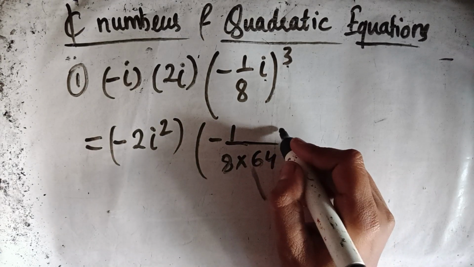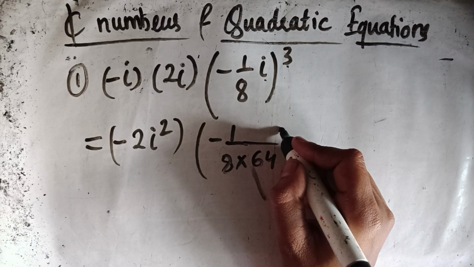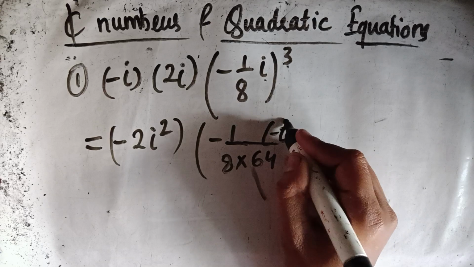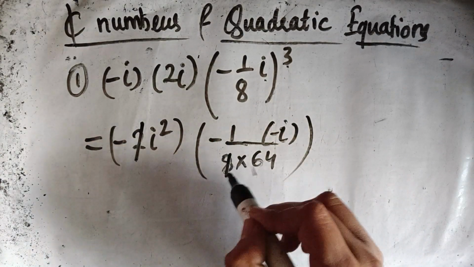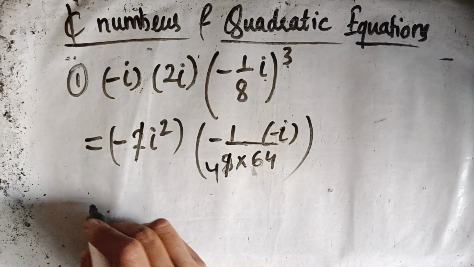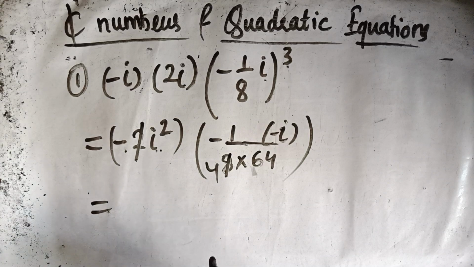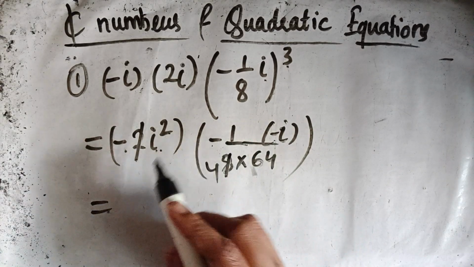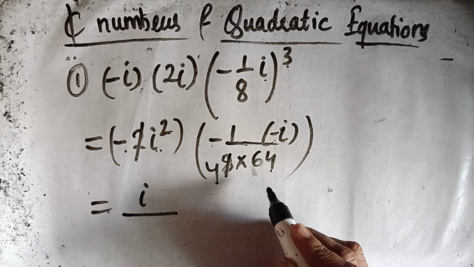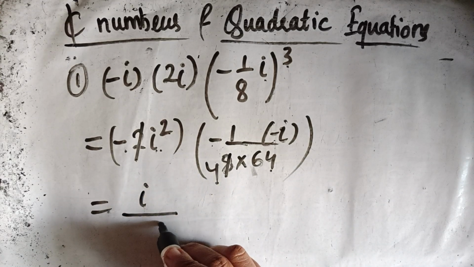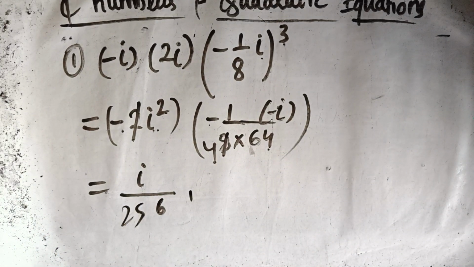Okay, and minus i cube is minus i, right? So you can cut this. 4 i square is minus 1, minus 1 into minus 1 plus 1, and this is also plus 4. 64 into 4, 256.